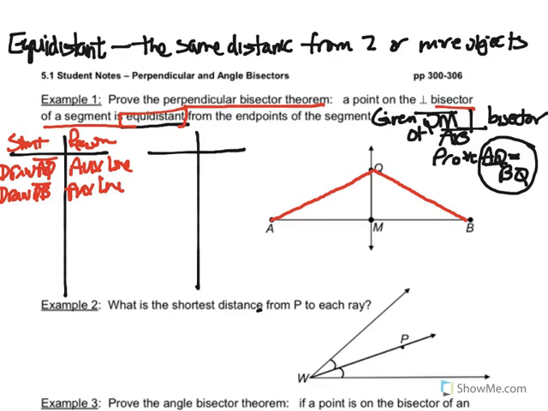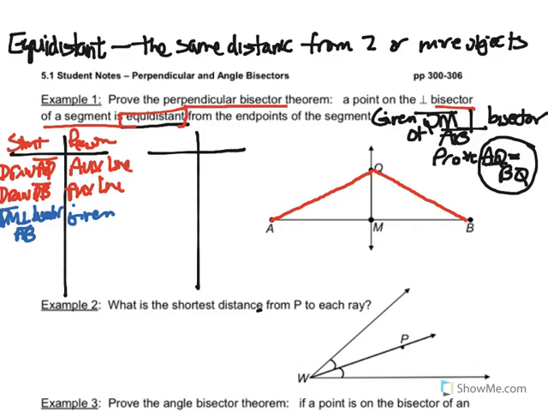Okay, so let's use our given here. We have QM is the perpendicular bisector of AB. And that's a given. So remember, when we're doing bisectors of segments, you have to go from bisector to midpoint to congruent segments. So we have to put our midpoint statement in there first. So let's see here.